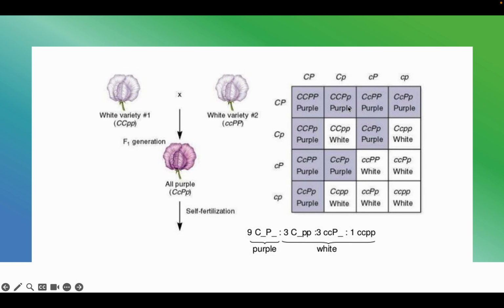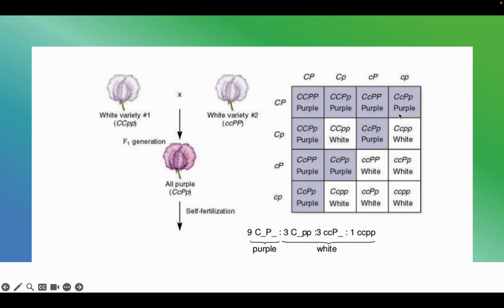The rest will be white flowers. So when both C and P have a dominant allele, the phenotype is purple. In the rest of the cases, when C is dominant but P is recessive, or vice versa, or both are recessive, we get the white phenotype.